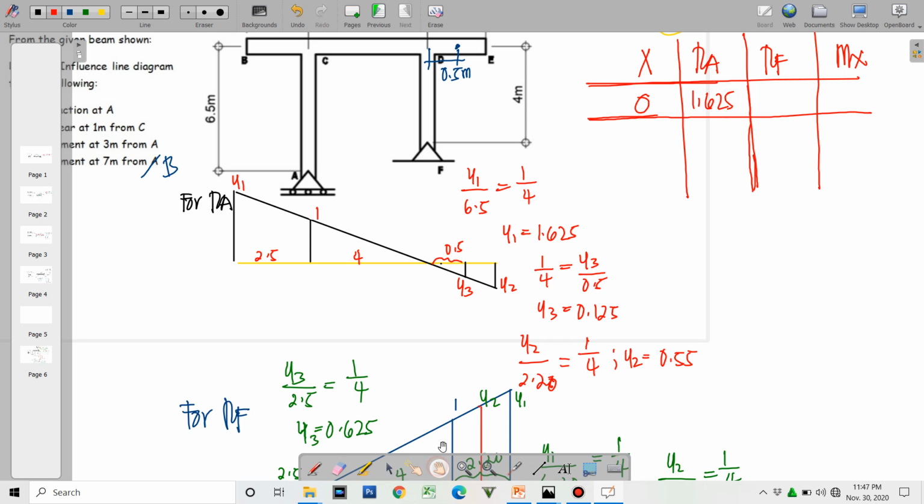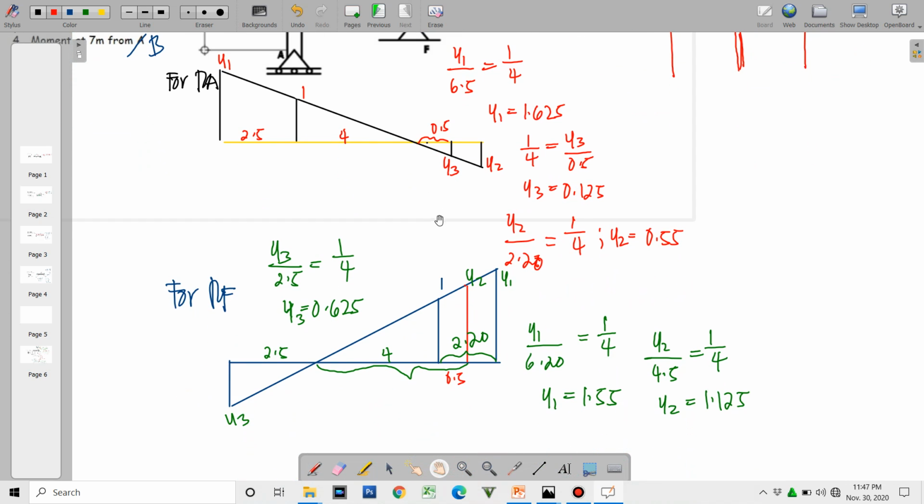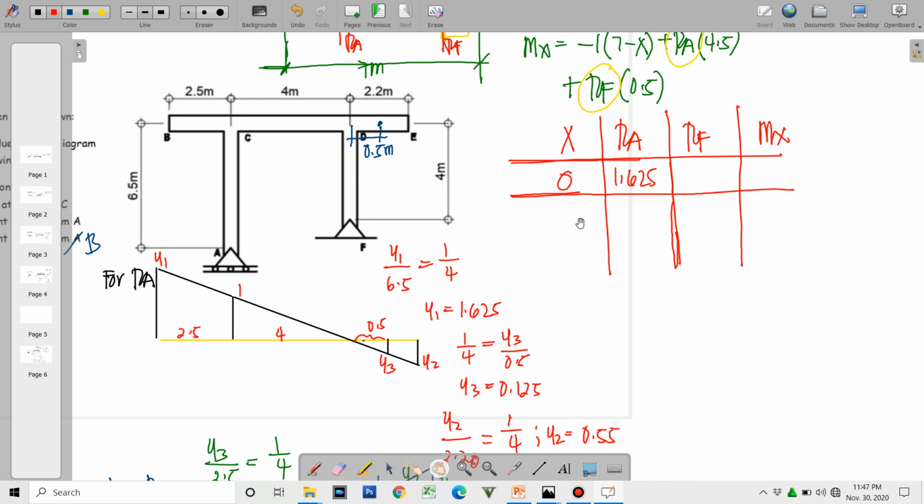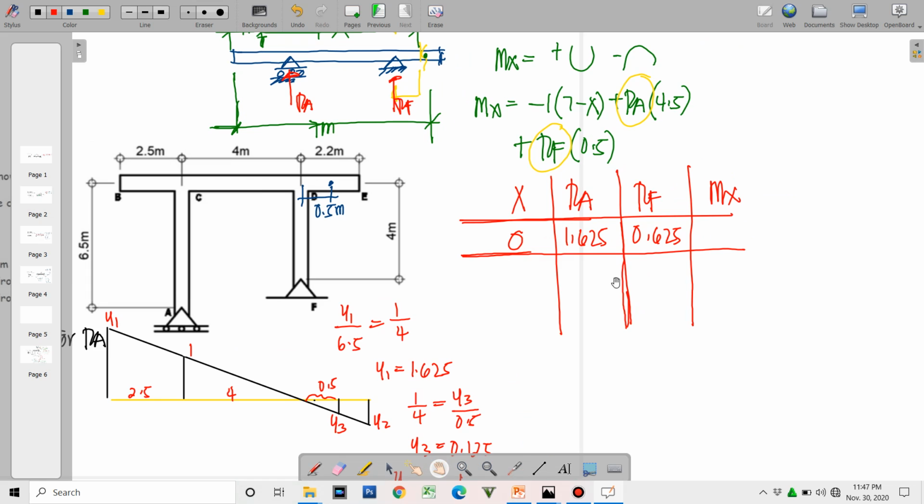And then RF is equal to y3, 0.625. Okay, so we enter this into our calculator. Then we have a value of the moment equal to 0.625.